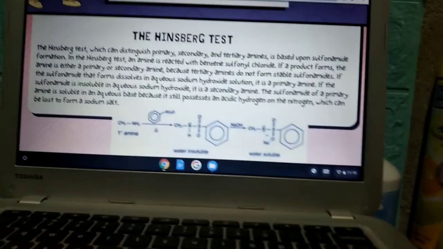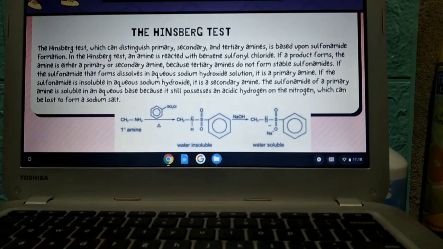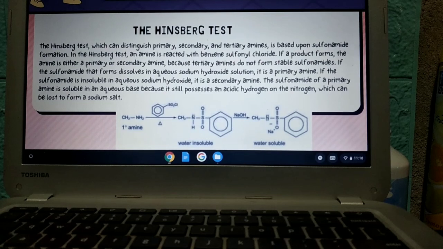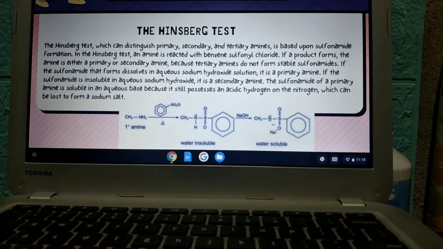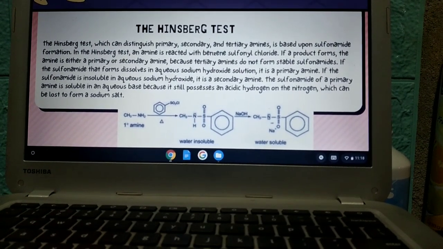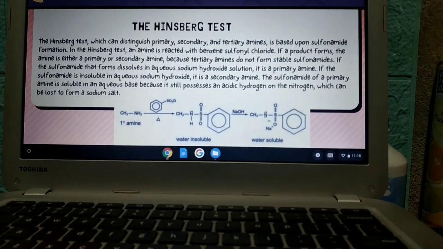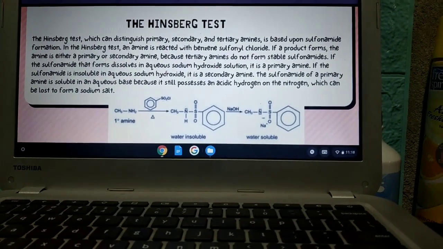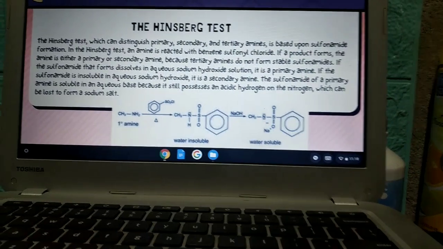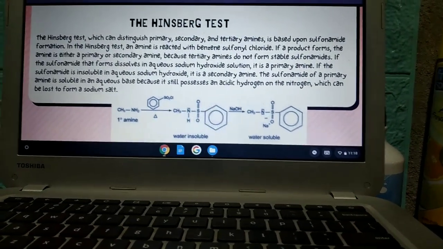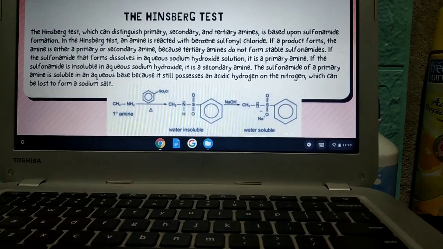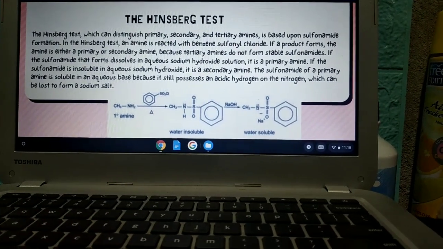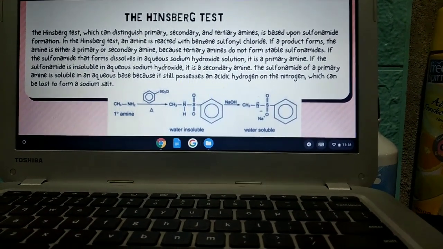The Hinsberg test, which can distinguish primary, secondary, and tertiary amines, is based upon sulfonamide formation. In the Hinsberg test, an amine is reacted with benzenesulfonyl chloride.